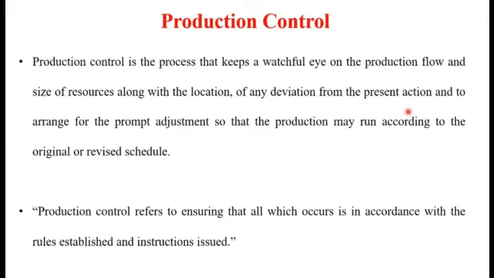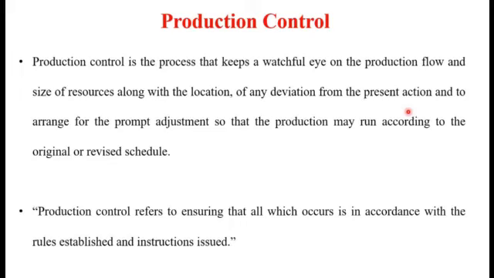This watchful eye on the production flow, the size of the resources, and their locations looks for any deviation from the present action, and arranges for prompt adjustment so that production may run according to the original or revised schedule.